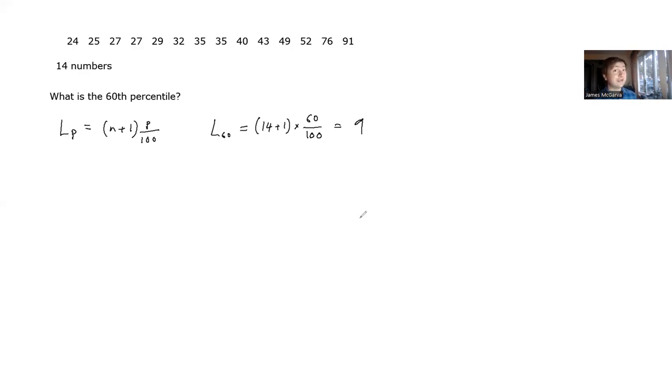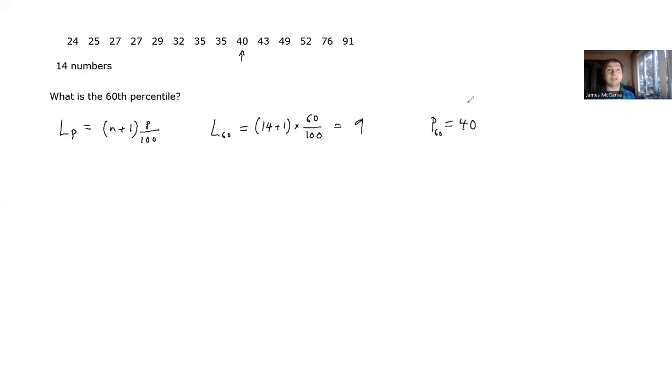And if I get a whole number, I'm really happy because this means that my step 2 is really easy. This tells me I'm just looking for the 9th number on the list and I'm done. Great. Just count. 1, 2, 3, 4, 5, 6, 7, 8, 9. It's there. 40. P60 is 40.